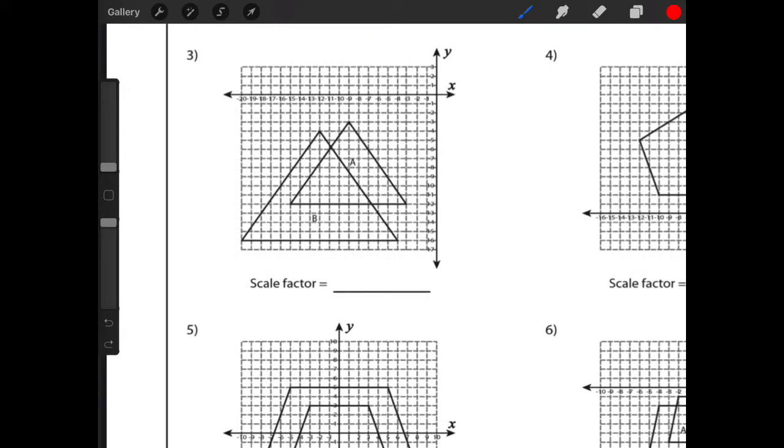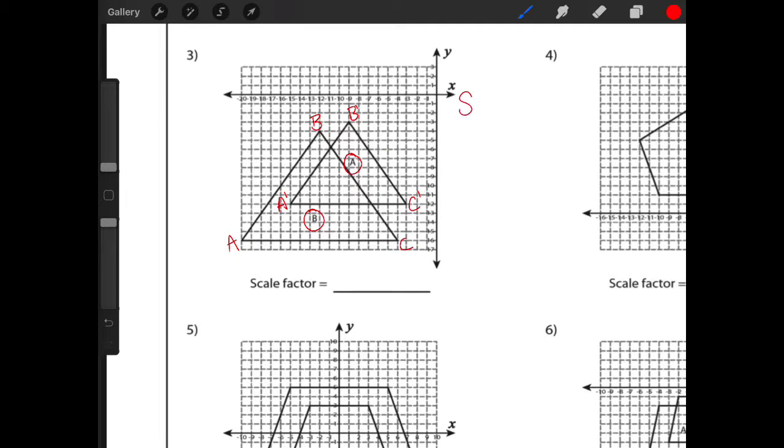Okay, moving on to number 3, we're going to do a little bit of a different method here where we're using the coordinates instead of using the side lengths because the coordinates will also be proportional. And so what we're going to do is we're going to look at our 2 images. Remember, we're starting at B and we're turning into A. So I'm going to start by labeling my original image B as A, B, and C. And because a dilation doesn't rotate or reflect or do anything else to the coordinates, that means that in figure A, this one right here is my A prime, here is my B prime, and here is my C prime.